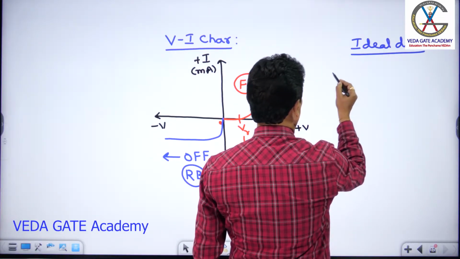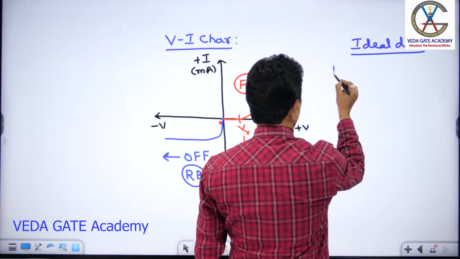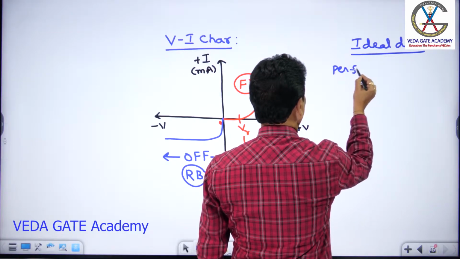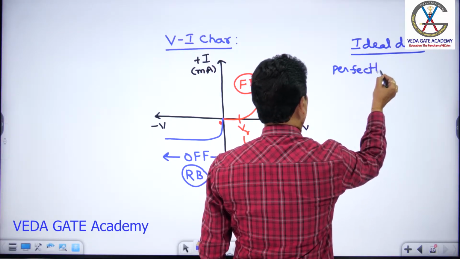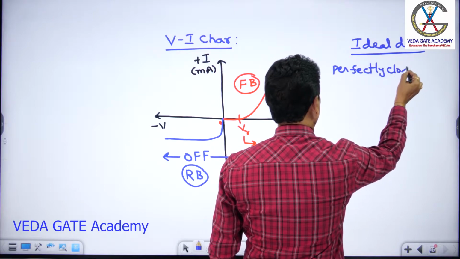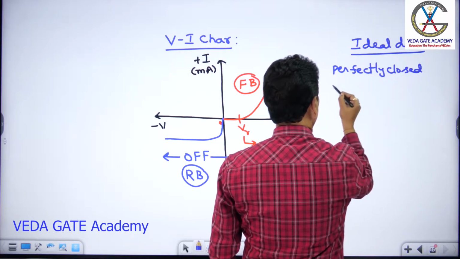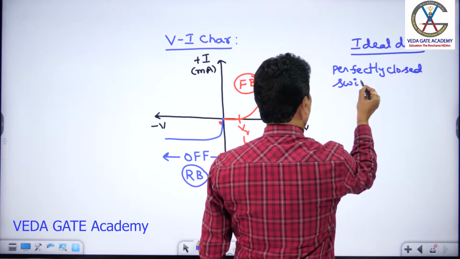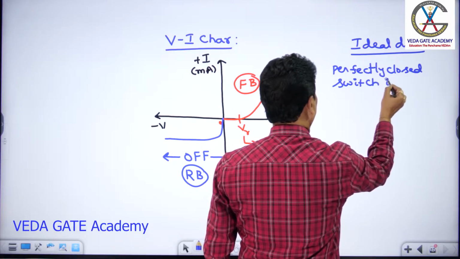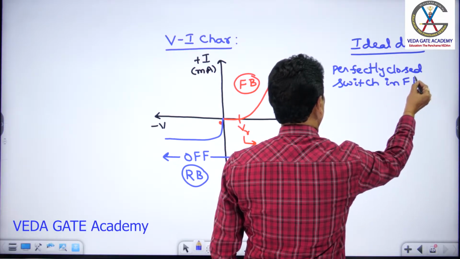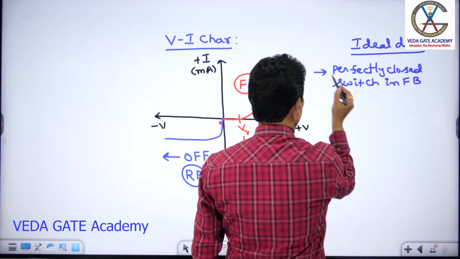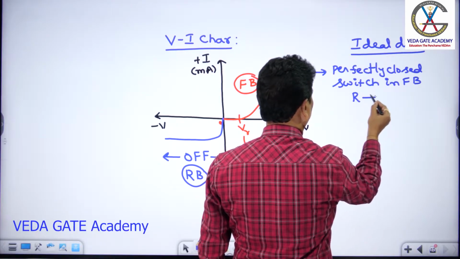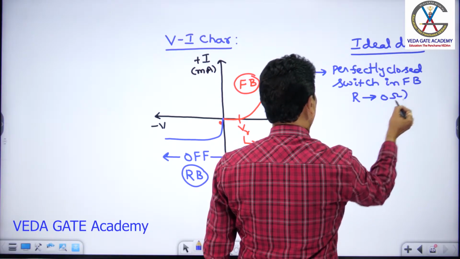So the ideal diode is considered to be a perfectly closed switch in forward bias. Perfectly closed switch means R tends to 0 in forward bias.